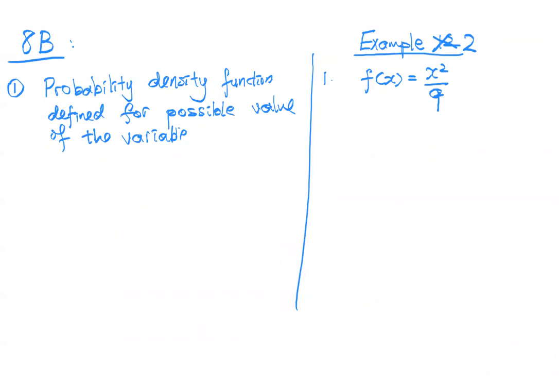So you see the probability density function is defined for the possible values of the variable. In this case, the value ranges from 0 to 3. The first criteria is that f(x) must be greater than or equal to 0 for all values of x.